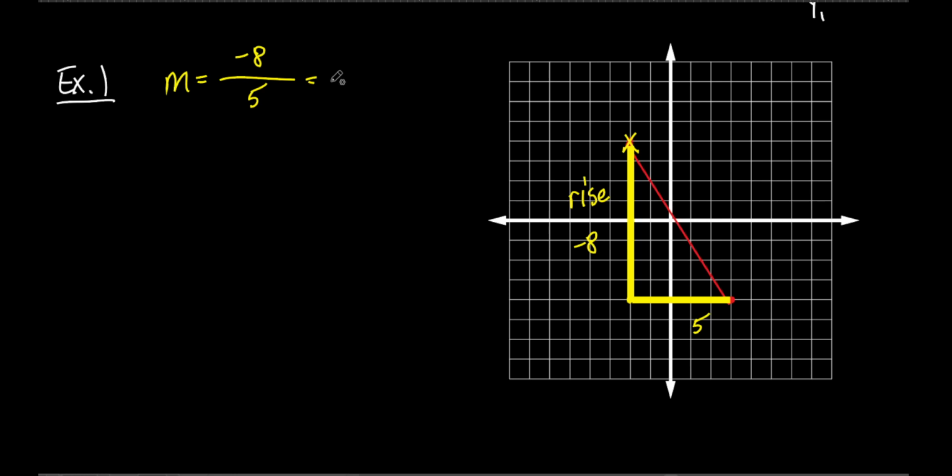watch this. I could have gone the other direction. Let's do this in a different color. I could have started at the bottom. I just want to show you that you're going to get the same exact slope. It doesn't matter if you go from the top to the bottom or from the bottom to the top. So if I'm here, I got to go up to here.